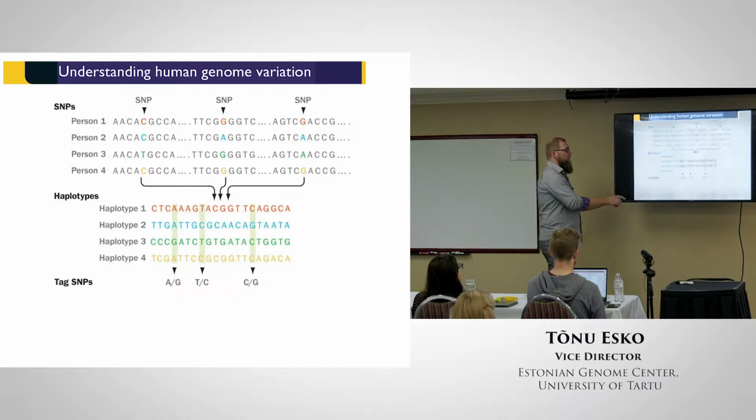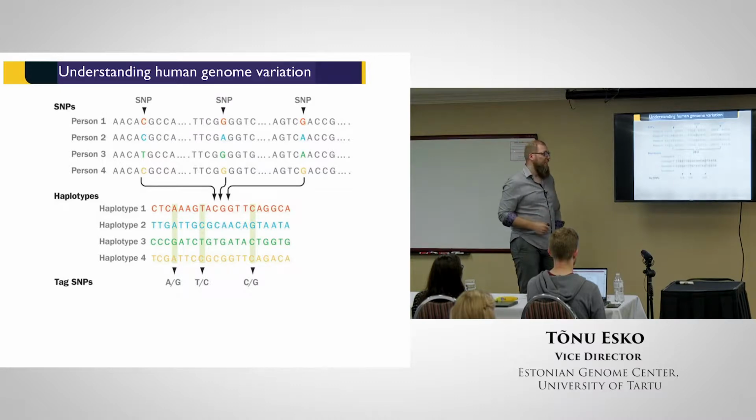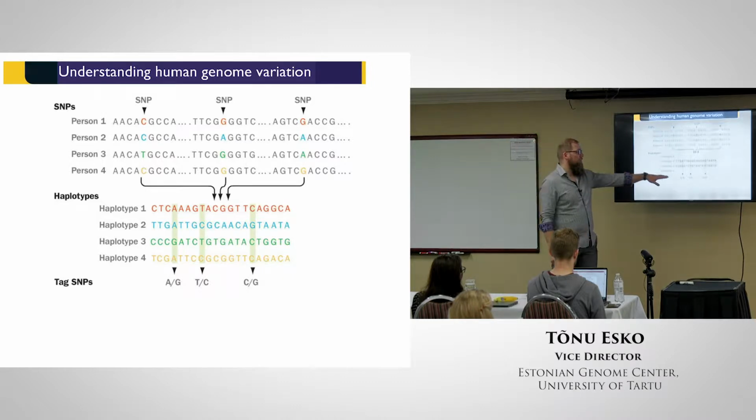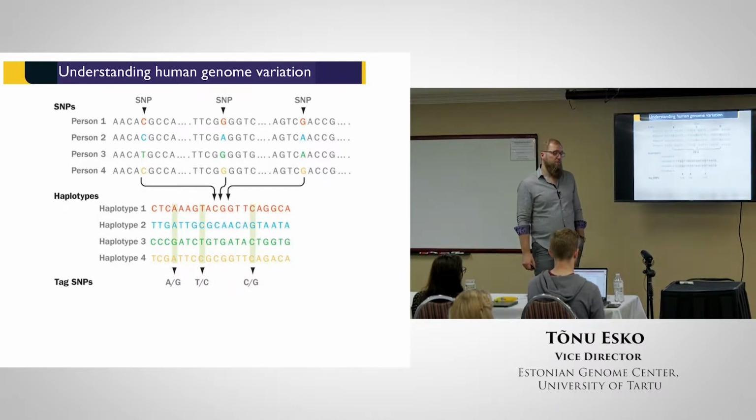And so for that reason, the variants on the array are not selected based on their causality, or their biological function, or prior knowledge about disease associations, but just because they are very good proxies, or beacons, to deconstruct the haplotype structure.